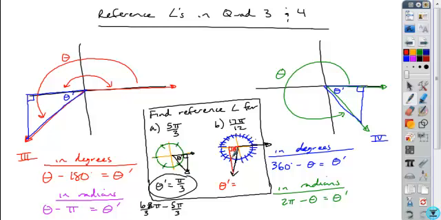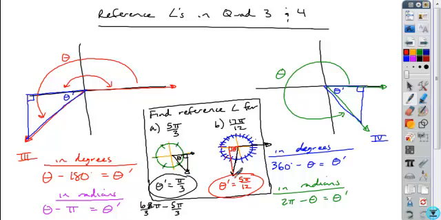If you count, you get 1, 2, 3, 4, 5. Sorry, 5 pi over 12 will get us back to this region. You can count it from here: 1, 2, 3, 4, 5 twelfths pi is your solution.